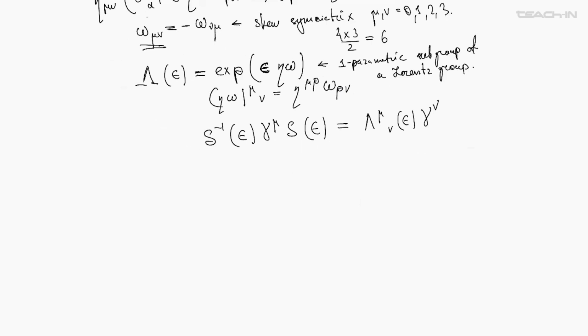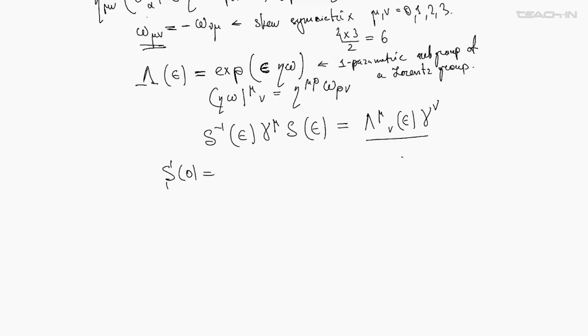When ε is equal to 0, I will get the identity matrix, and therefore on the right-hand side I will get γ^μ. So I need to have, when ε is 0, also γ^μ on the left-hand side, which means that this matrix S we are looking for must be just an identity matrix when ε is 0.